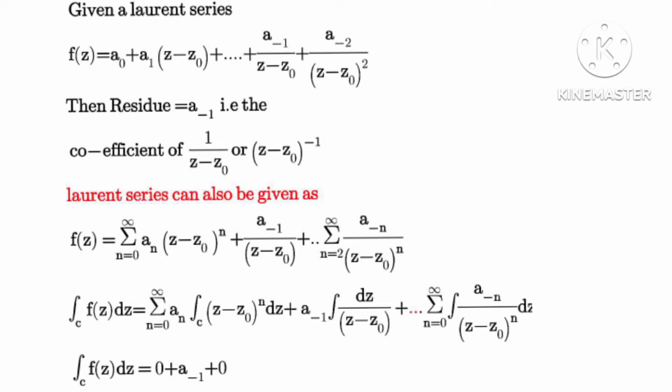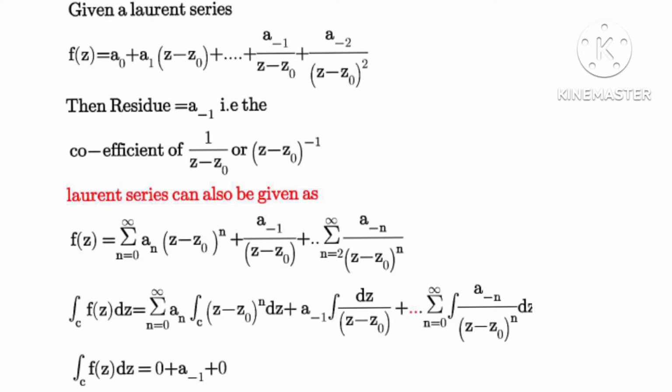Similarly, for the integral of a minus n over z minus z naught, that as well becomes 0, because whenever n is greater than 1, the integral becomes automatically 0. So we have our integral f(z) dz equals to 0 plus a minus 1 plus 0.